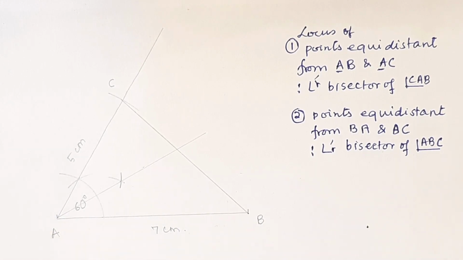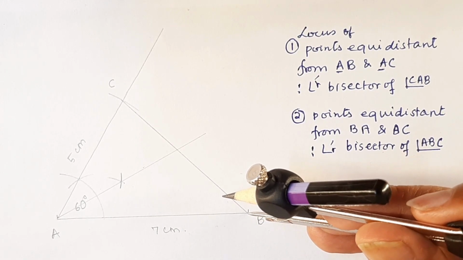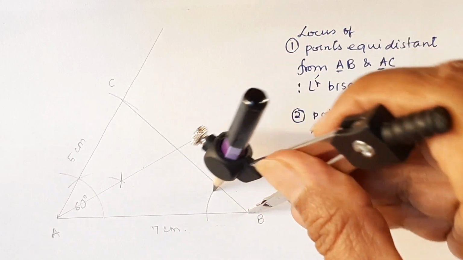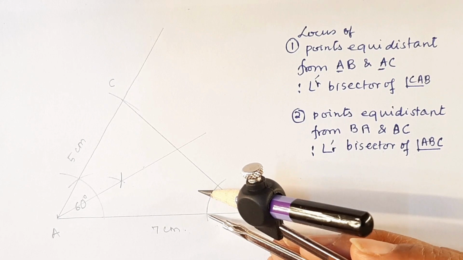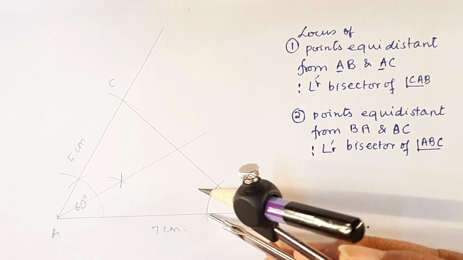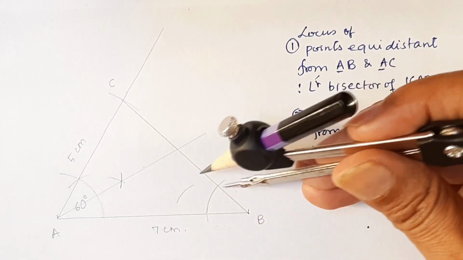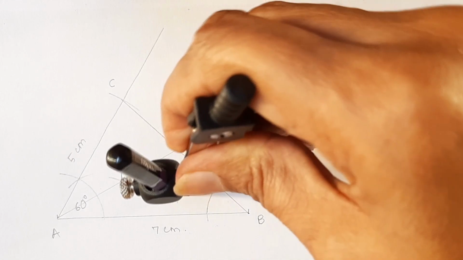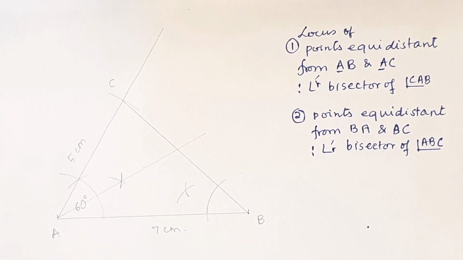Now let us do the same for angle B. So for angle B, let us keep the point of compass on B and draw the arc like so. And then take the radius more than half of that arc and draw the intersecting arc like so.